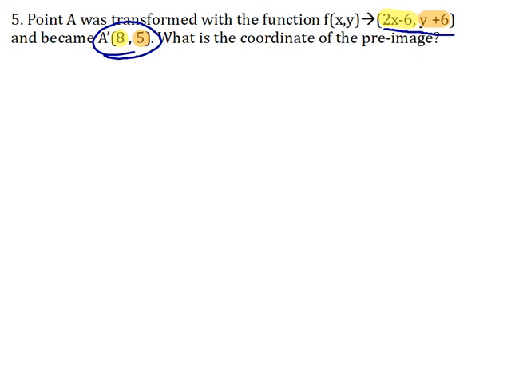So we're going to start solving this, and I'm going to show you how to set this up. So I'm going to write, let's do blue, and I'll go back and recolor this so it makes a little more sense for you. We were given the point A prime, and we have this transformation. Now we're going to set equal the first and the first.